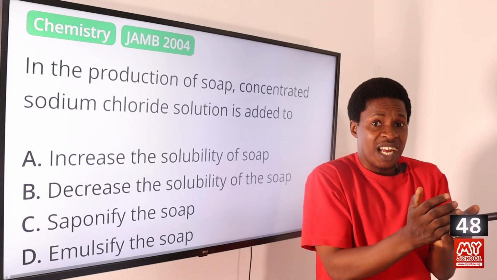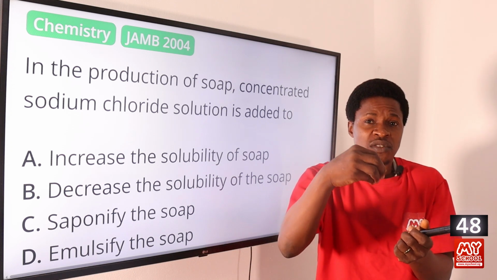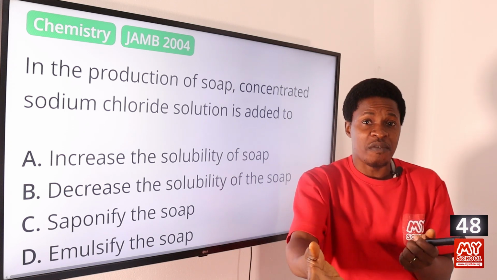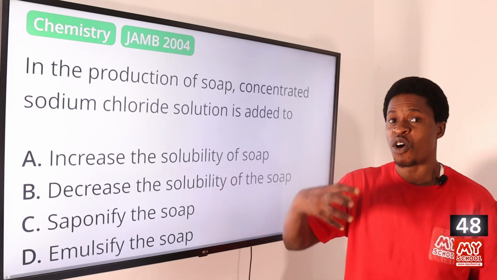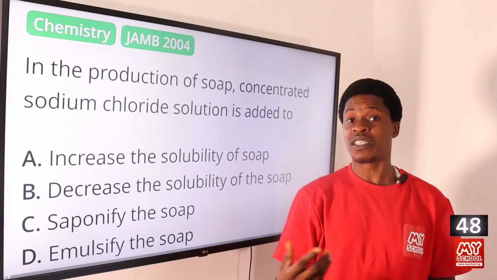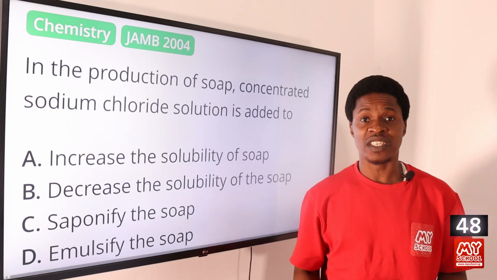Once it comes out like that, it becomes very hard for it to dissolve. We call that a decrease. It will decrease the level of solubility of that particular soap. It's not going to increase; it's going to decrease, stopping the soap from dissolving so fast.